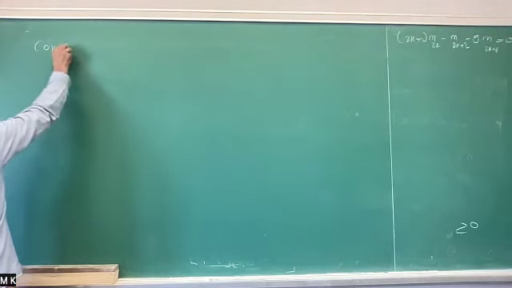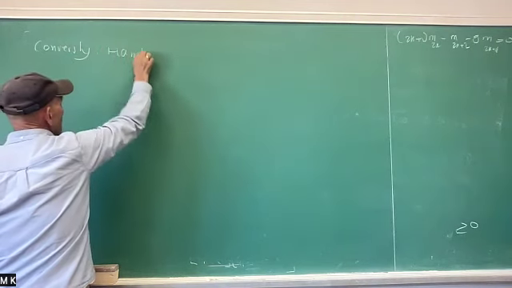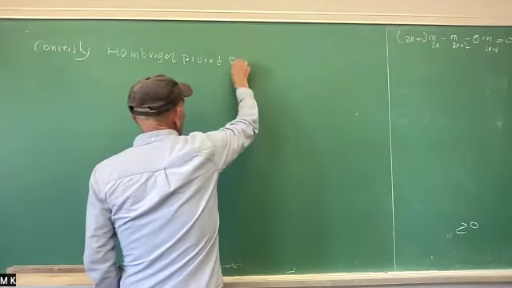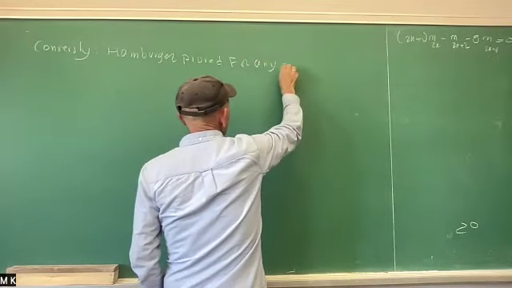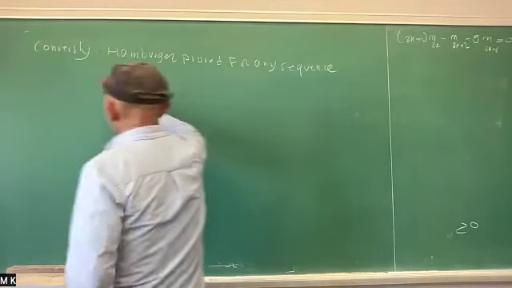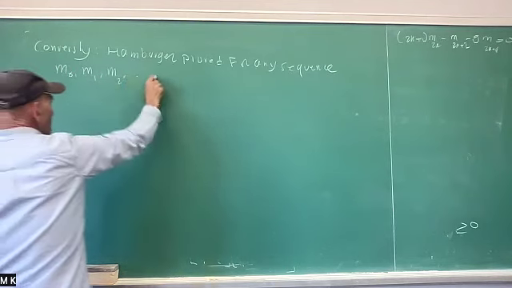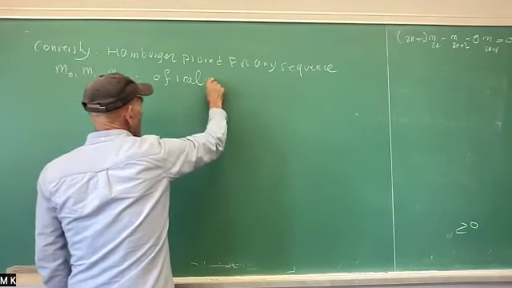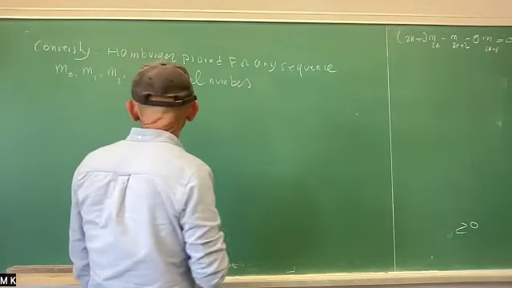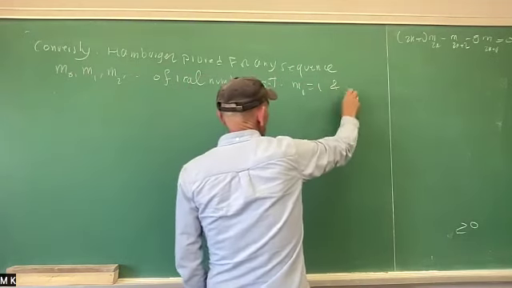Conversely, Hamburger proved that for any sequence m0, m1, m2 of real numbers, such that m0 is equal to 1, and the Hankel matrix.